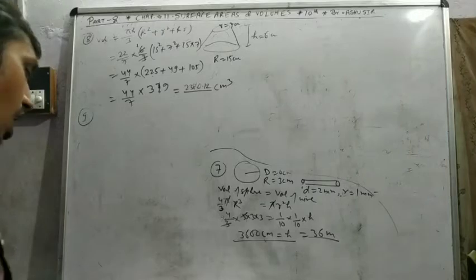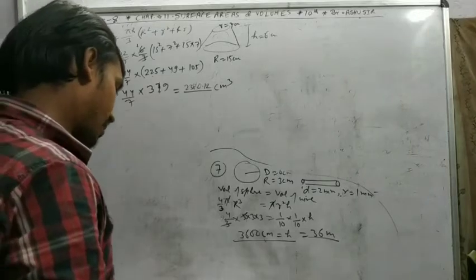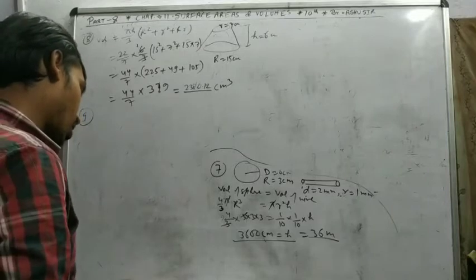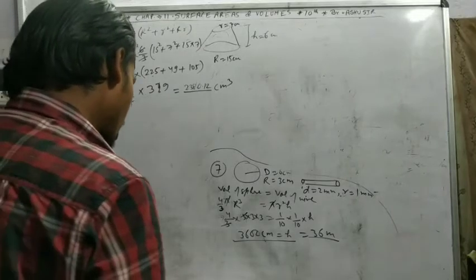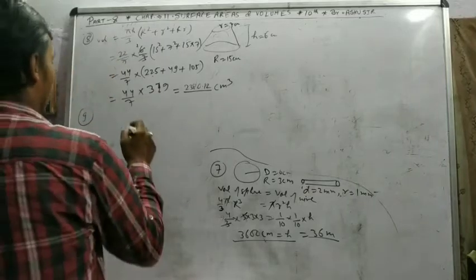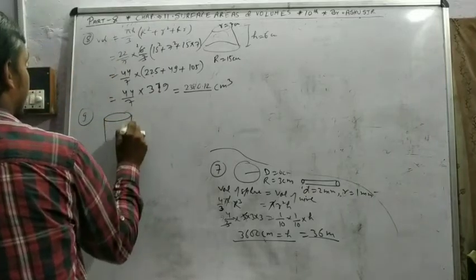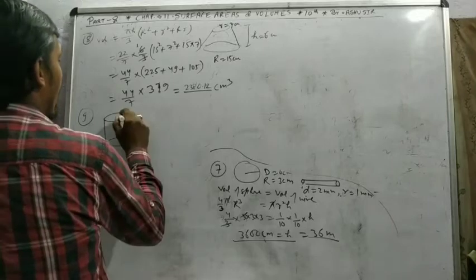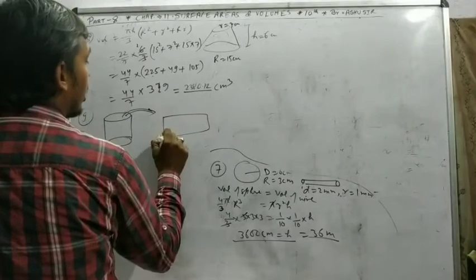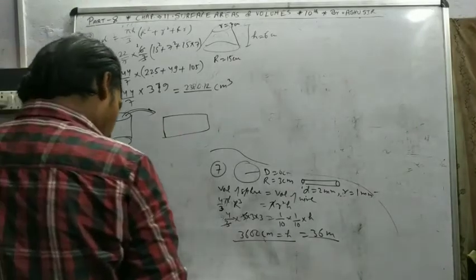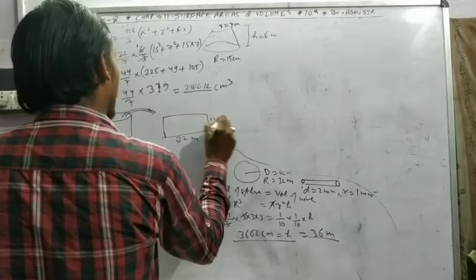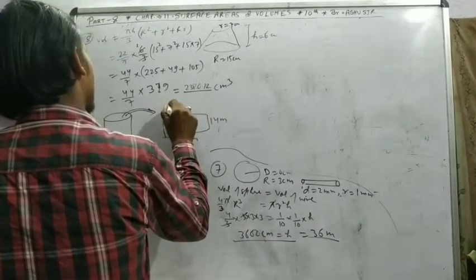Question 9. A 20 meter deep well with diameter 7 meter is dug in earth, and the earth dug out is evenly spread out to form a platform of 22 by 14 meter. Find the height of the platform. This is a well in cylindrical form, and the earth is taken out and spread evenly on the ground and forms a platform of 22 meter long, 14 meter wide, and the height is unknown.